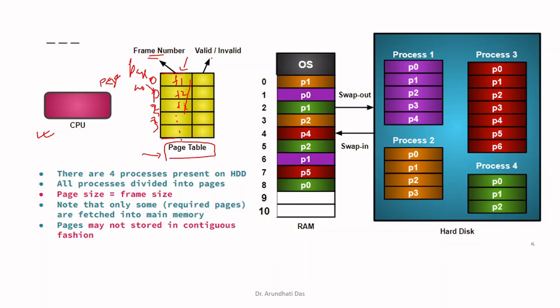But as I have explained before, theoretically, to explain the paging technique, we can say that the page number is mapped to some frame number in your page table. But while implementing, we have a lot of other things to do.